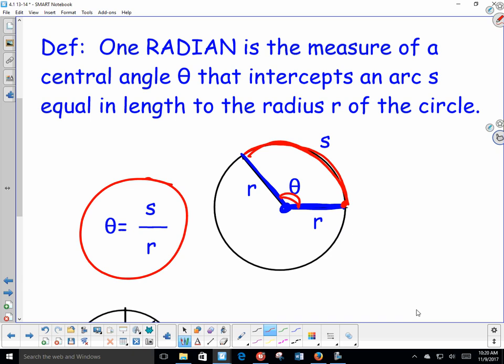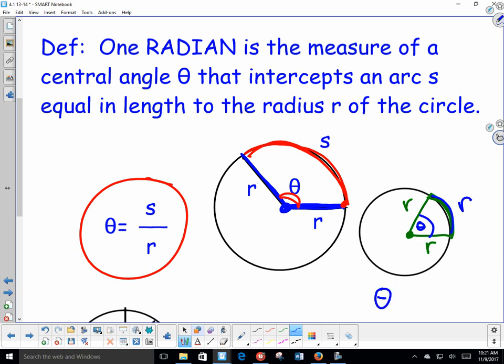But what's interesting to note is if you have a circle and you have a radius, and if we form an angle so that the arc length is also the same length as the radius, then that angle is defined as 1 radian.